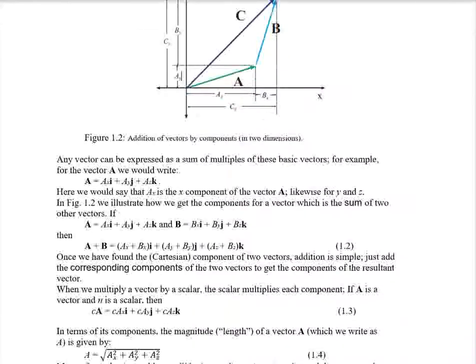In component form, if we have a vector a, ax in the i, ay in the j, az in the k, and another vector b, bx in the i plus by in the j plus bz in the k. This one is vector b. If you are asked to determine a plus b, always you must add the similar unit vectors.